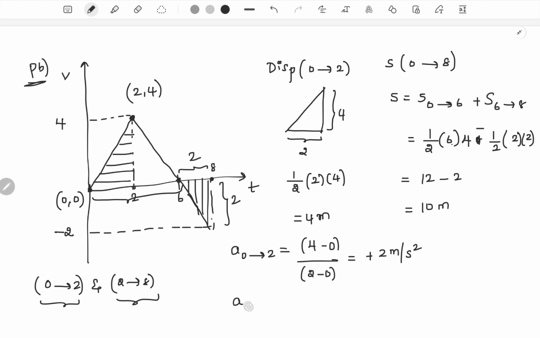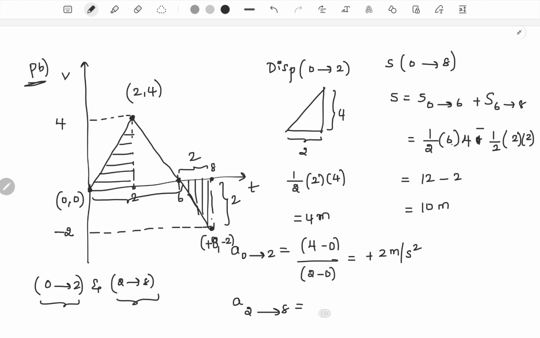Now next we want to calculate the acceleration between 2 to 8 seconds. The acceleration between 2 to 8 seconds is uniform, because between 2 to 8 seconds the graph is a single straight line. To find the slope, we need to pick 2 points whose coordinates can be represented. This point will have coordinates of 8, minus 2.